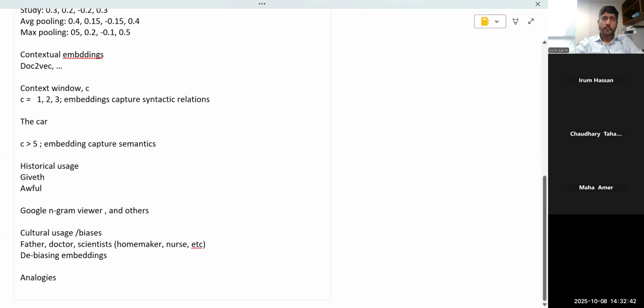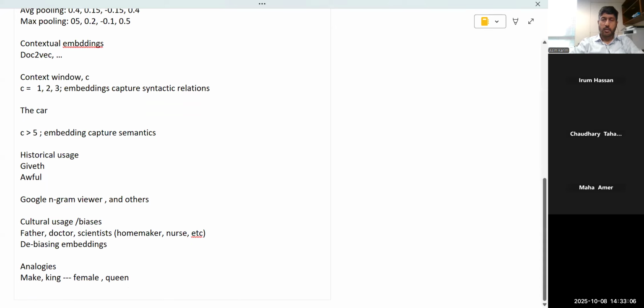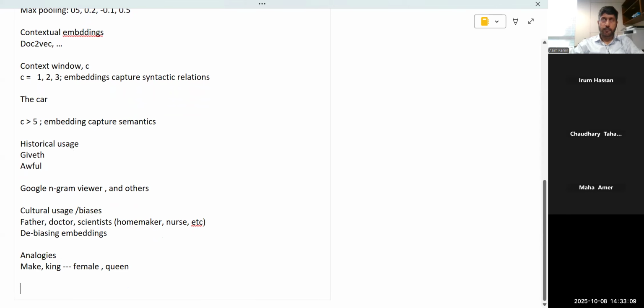So for example, one example that was quoted in literature is, male is related to king just as female is related to queen. ठीक है? So let's say if you have vectors for all of these, and let's say maybe one of these is not available. So what you can do is you can do simple vector arithmetic. ठीक है? So for example, male plus king should be equal to female plus queen.